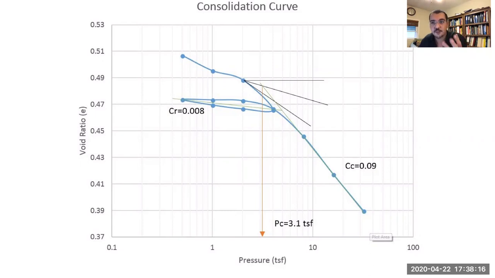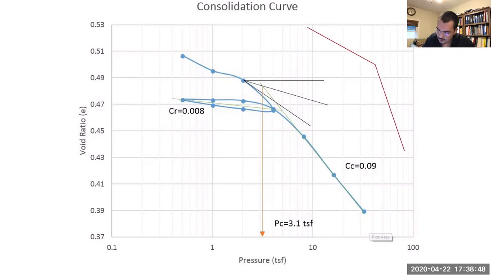If it's a very disturbed sample that they did the test on, the curve will be worse, and if they perform the test according to standards, then we will have a better quality curve. What I mean by that is, it's important to find this maximum curvature.